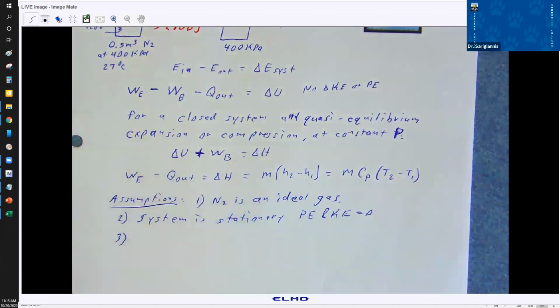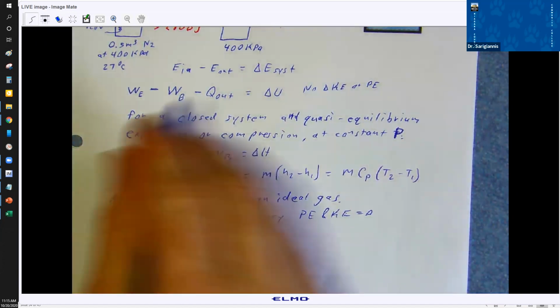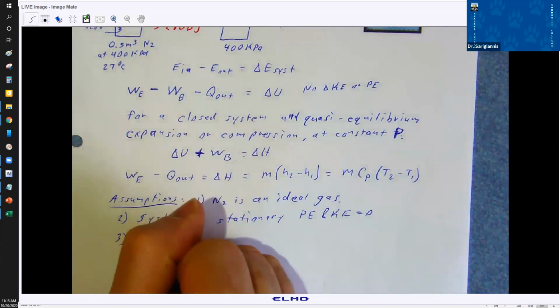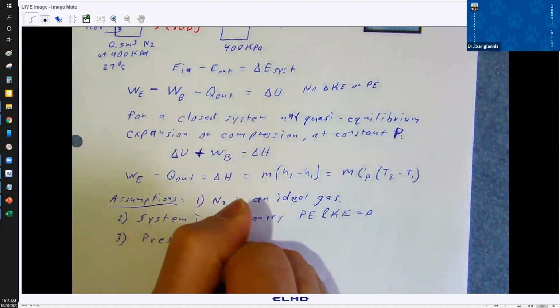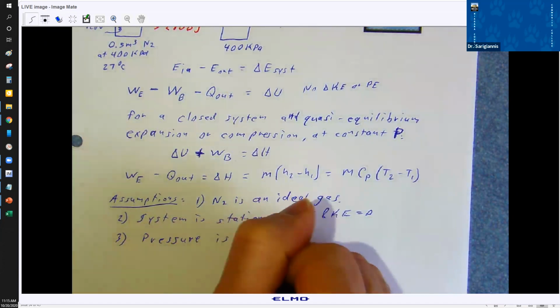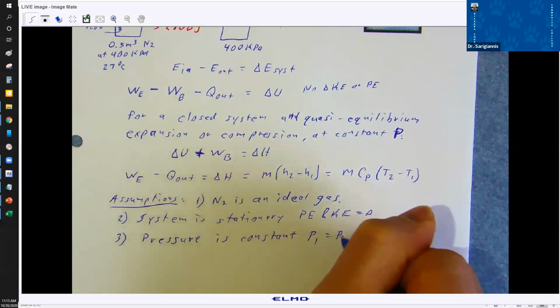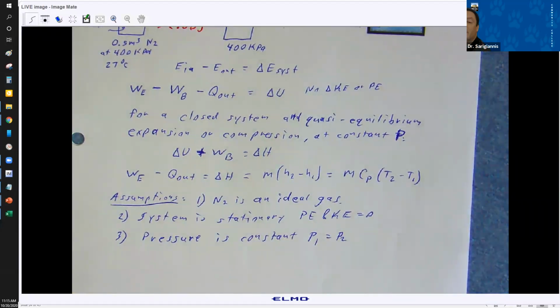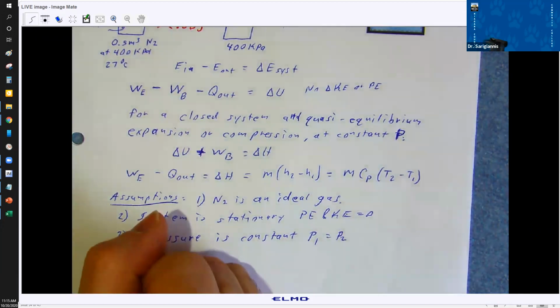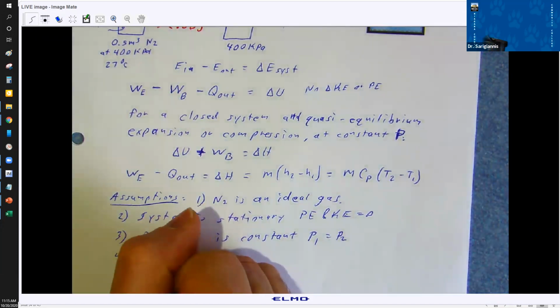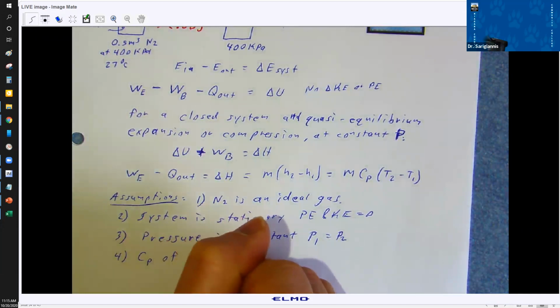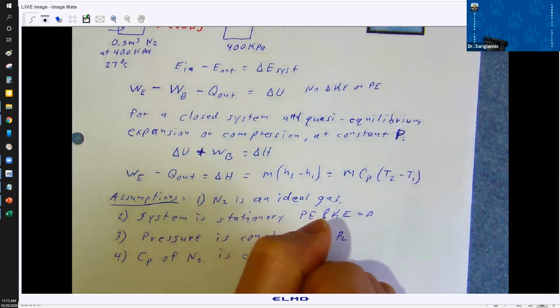So these are all the assumptions so far that have gone into reducing this equation. And then pressure is constant, right? That's not really so much an assumption as that it's given to us. So these are the inherent assumptions that we've made already. We can also assume that the cp of nitrogen is constant at these temperatures.